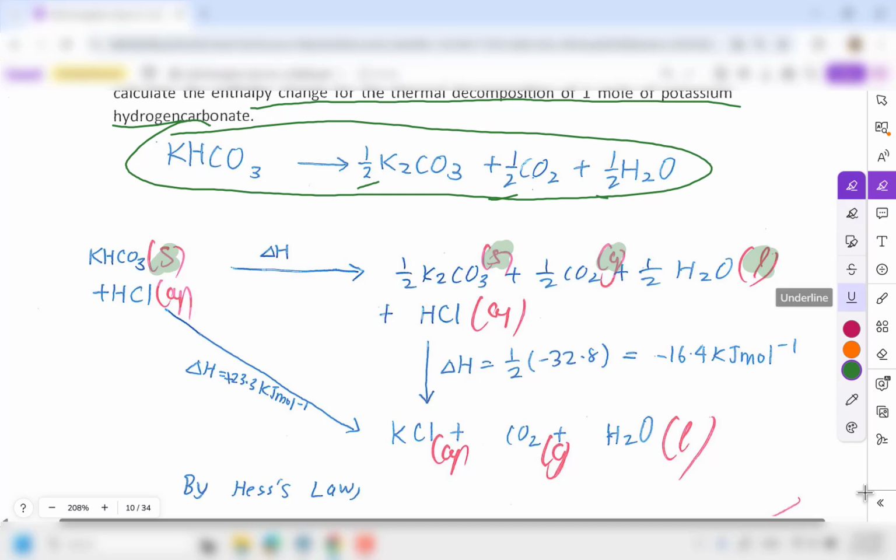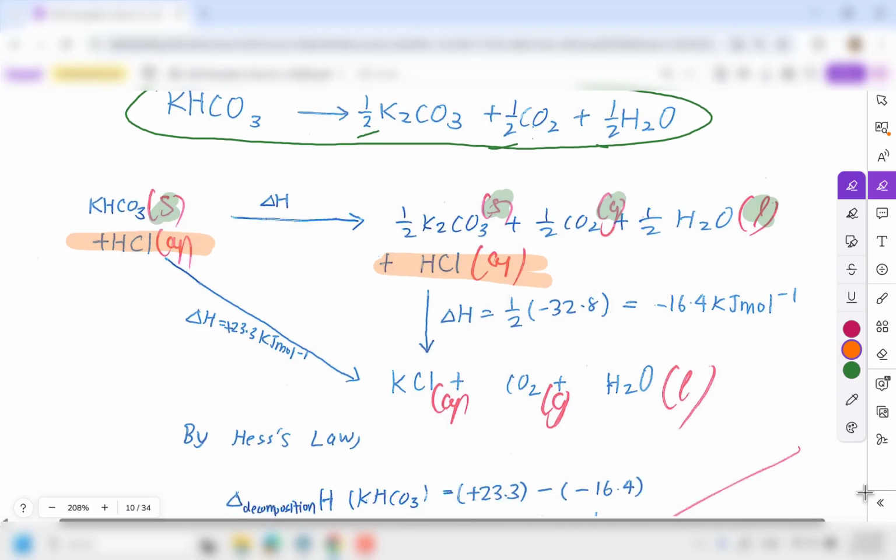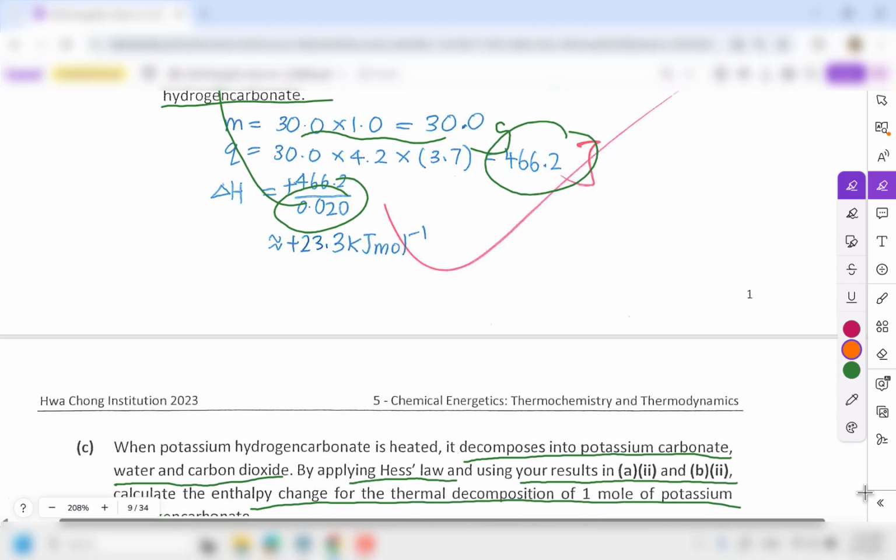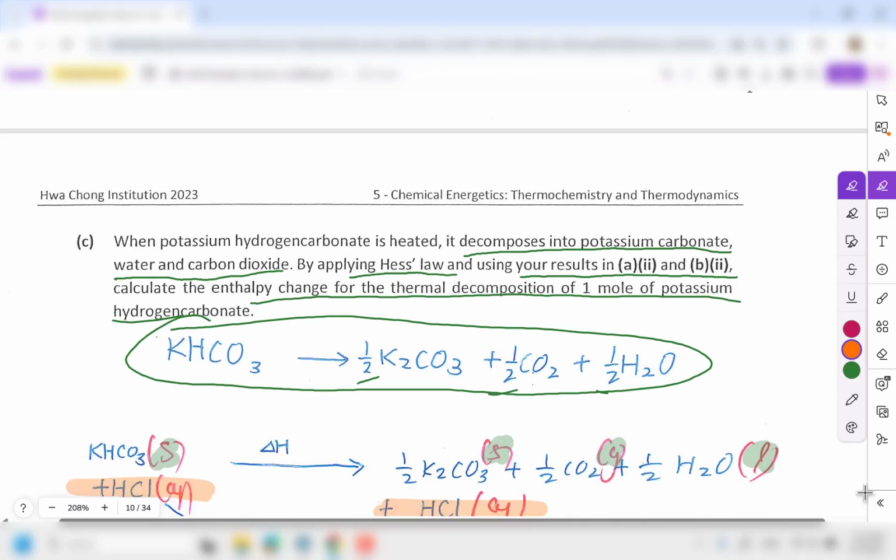But what the student did correctly is to incorporate the common reagent on both sides. In this case, it's HCl. And because he included the reagent on both sides, he is able to input the enthalpy change, the enthalpic term, directly. So in this case, the hydrogen carbonate with HCl, the value is 23.3 kilojoules per mole.